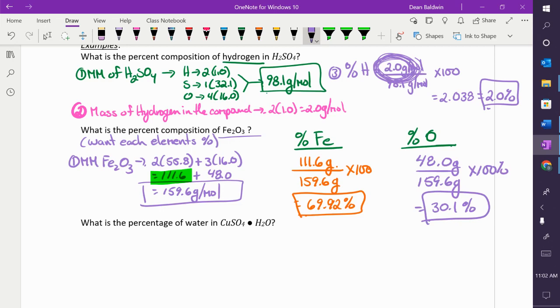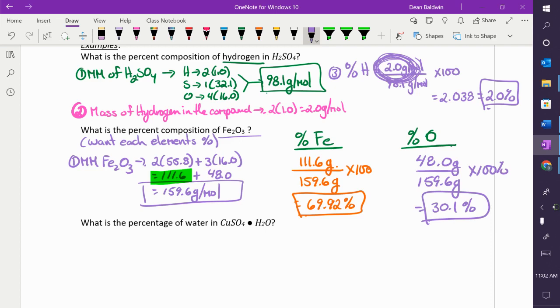What should these two numbers add to? 100, right? Because you only have 2 elements. So if you know you have 30.1% of this one, you have to have 69.9% of that one because they should add to 100. If you use that as a check, give yourself a bit of leeway because you're doing some rounding with sig figs. But in general, it should be close to 100.